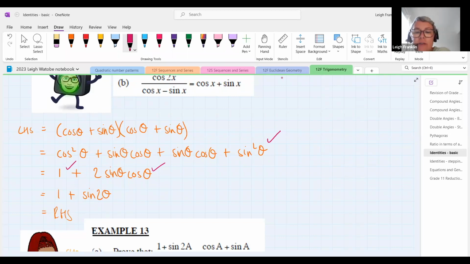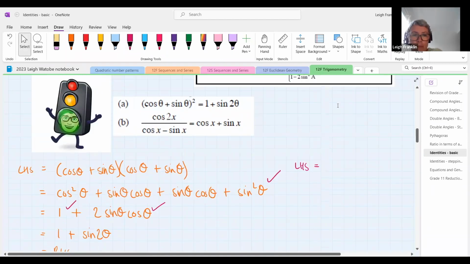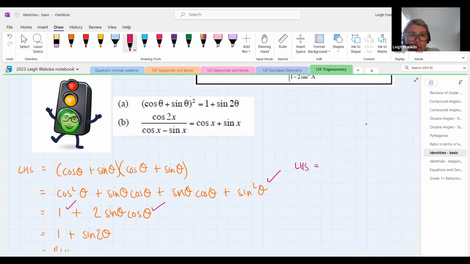What did you write? I did B, and I dealt with the left-hand side. Okay. Yeah, and since the rule for cos 2 theta says cos squared theta minus sine squared theta, I used that.